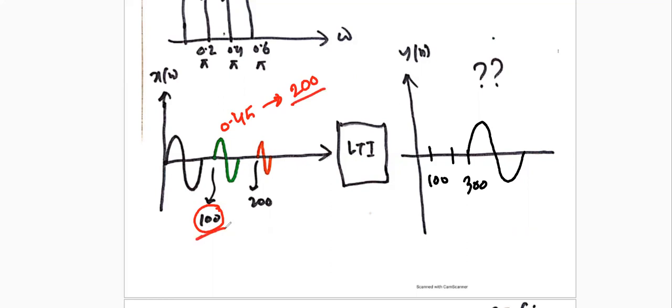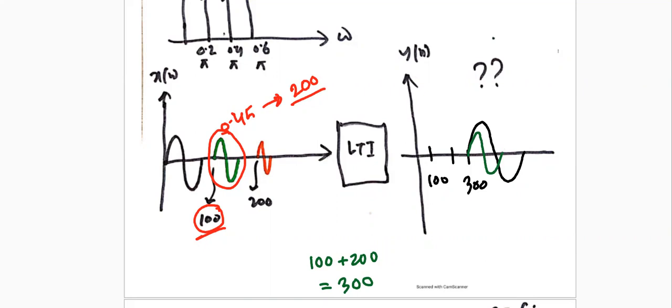So what is the starting point of this second signal? It starts at 100 and is delayed by 200, so it will start at the 300th sample. So the second signal will start at sample 300 like this. Is that clear? Yes, sir.